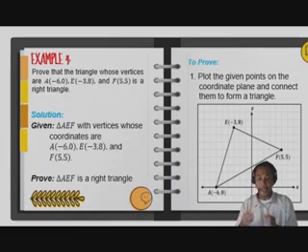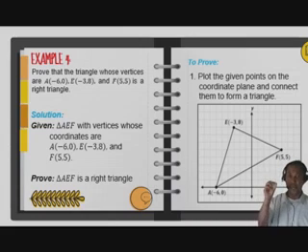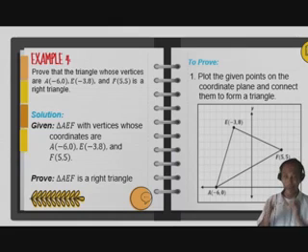Ang target lang natin dito, class, is we are going to prove na right triangle yung nabuo. Again, right triangle yung nabuo doon. Paano ba natin mapuprove na right triangle? Kung magagamit ang, ano yung plano? Magagamit ang Pythagorean Theorem. Ayan.